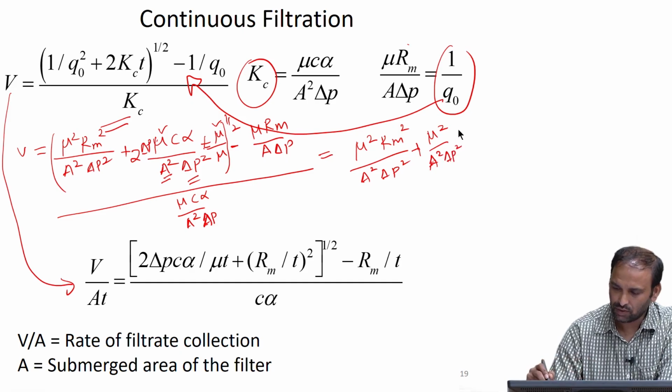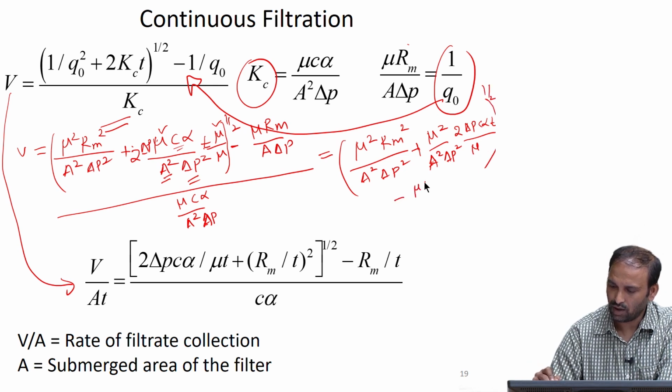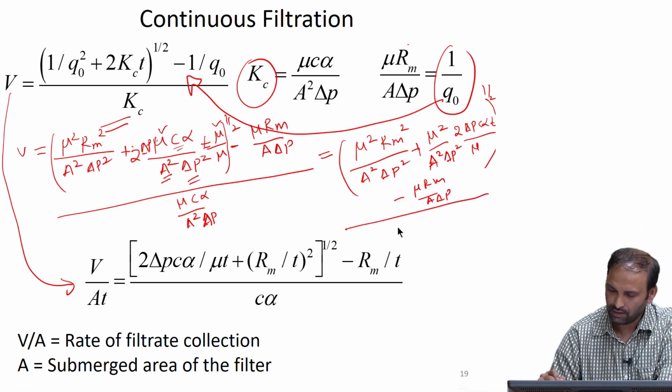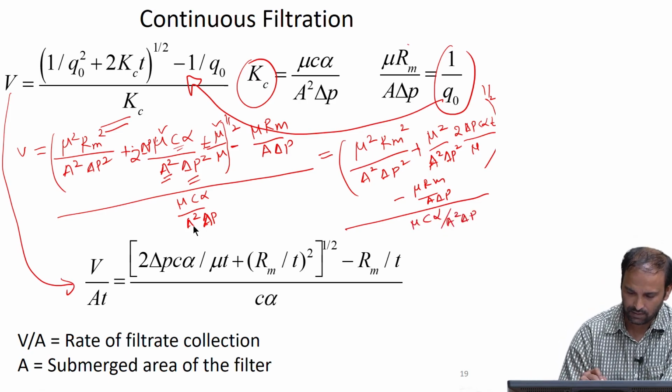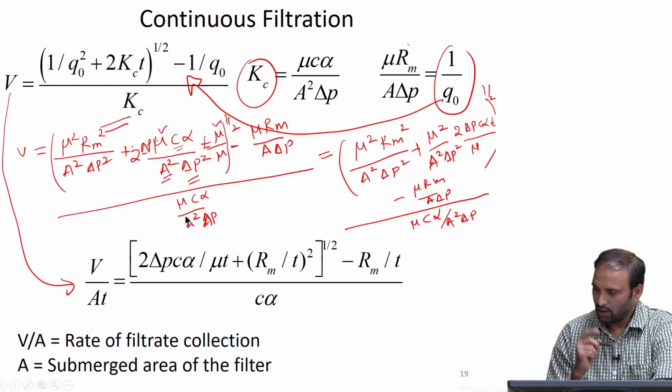And I am going to write 2 times delta p, that is this. I have c times alpha into t divided by mu, whole to the power 1 over 2, minus mu r m divided by A delta p, whole divided by mu c alpha divided by A square into delta p, right. So, I can do that.